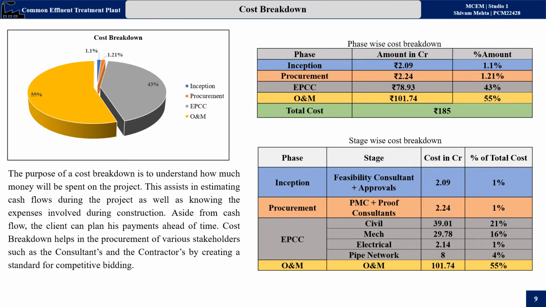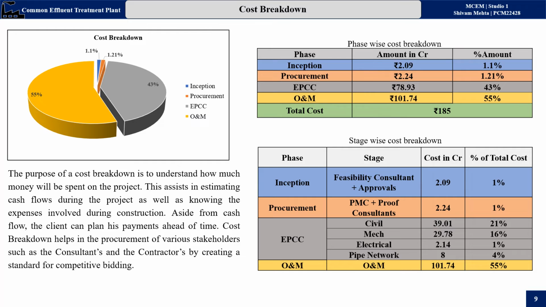So for our project, the cost breakdown was as follows: the inception phase requires 2.09 crore, the procurement phase 2.24 crore, EPCC, engineering, procurement and construction, 78.93 crore, and O&M will be 101.74 crore for 10 years. So the maximum is O&M, which is 55 percent.